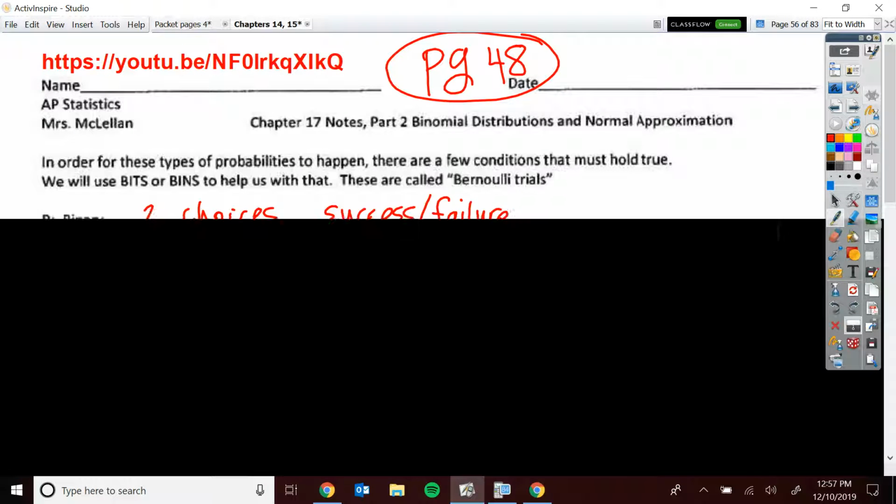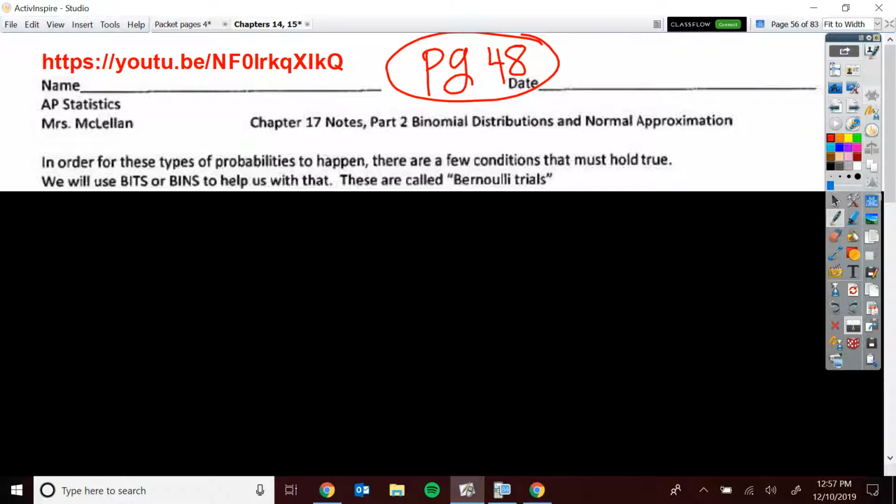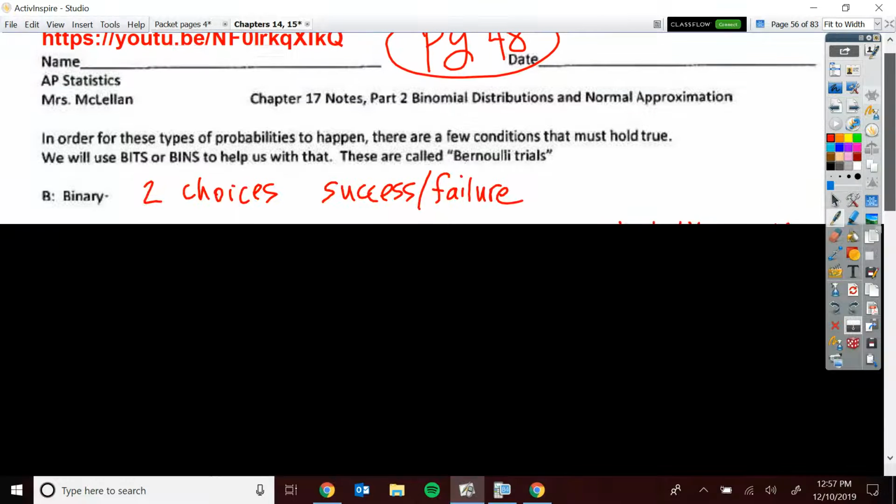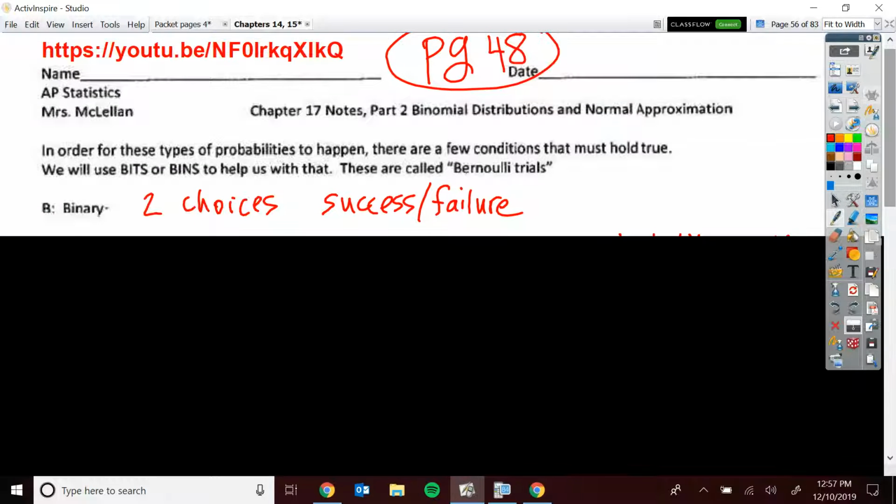So here we go. We want to review the criteria for these discrete probabilities. Bits and bins, what's the B standing for? And so what is that telling me? Two outcomes, success or failure. We have 2 choices, success or failure, okay?